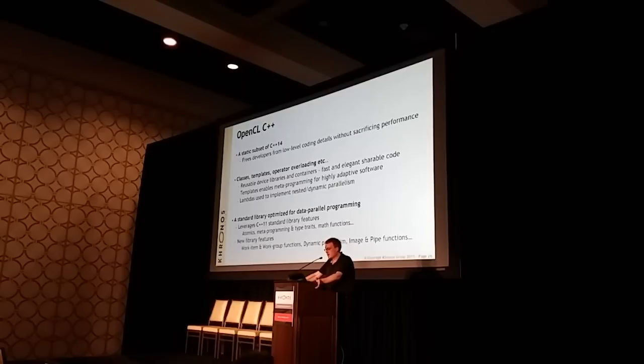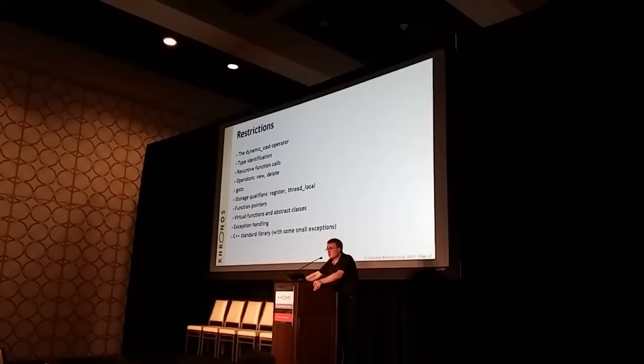So atomics in the C++ style, allowing them to use metaprogramming type traits and so on. We also have the new library features, which we had in 2.0 as well, but now integrated into the C++ style, so it's a much cleaner way of doing things.